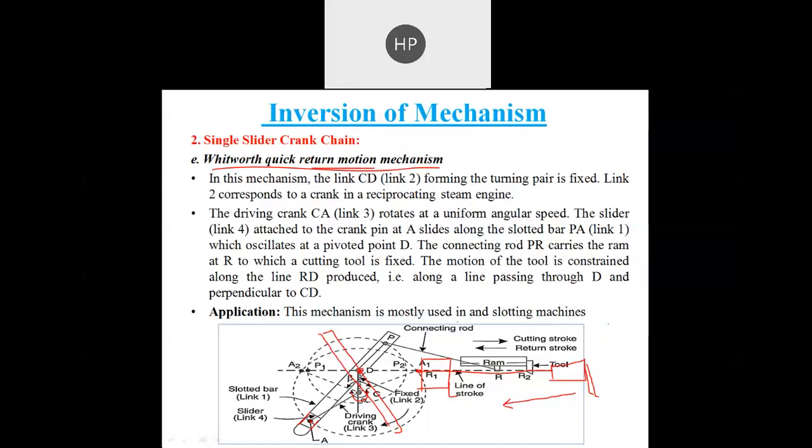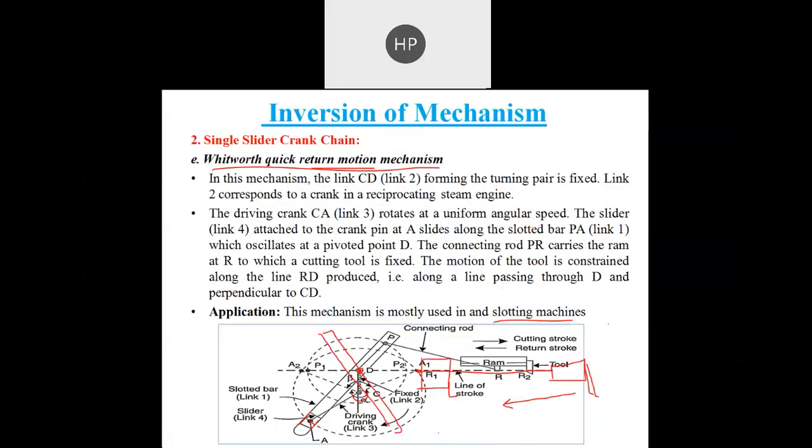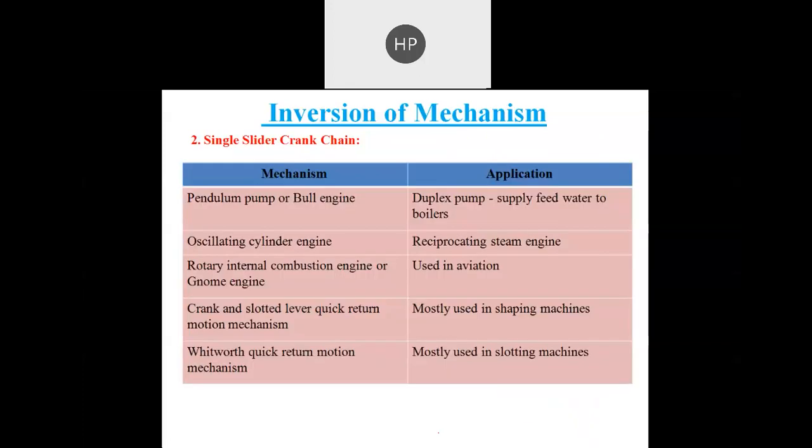And this kind of quick return mechanism is generally used in a slotting machine. This one is used in a shaper machine, and this one is used in a slotter machine. So these are the inversions of a single slider crank chain. Here we will see the various single slider crank mechanisms and their inversions. The first mechanism is a pendulum pump or bull engine.